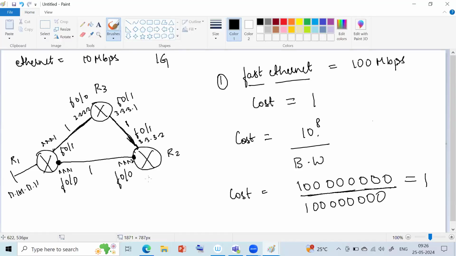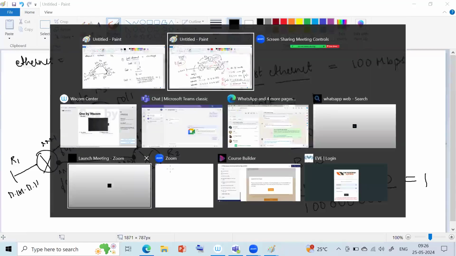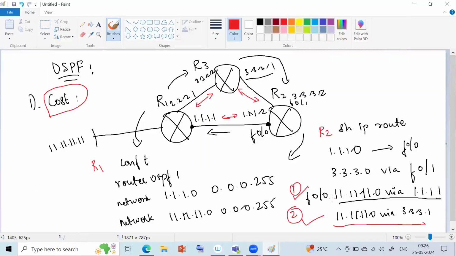So whenever you see the routing table of R2 in the previous example, to reach the 11 dot network via 1111 from this router, this way, the cost will be only 1.